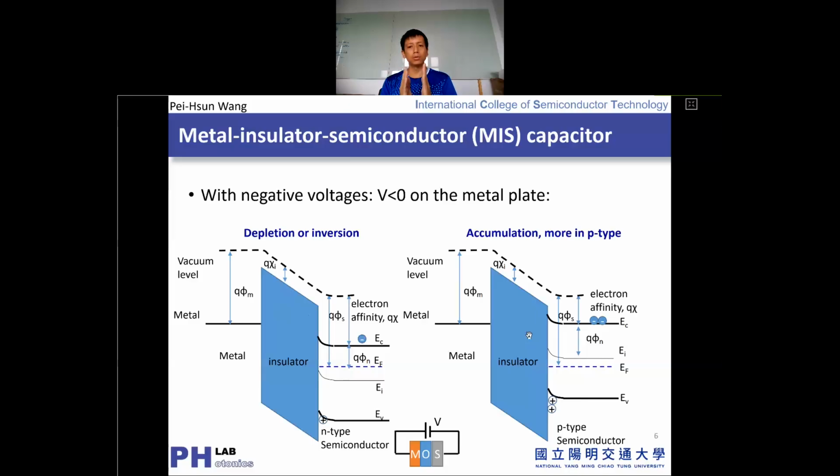So even without changing the capacity between the metal and the semiconductor, without changing the material of the insulator, without changing the distance or the width of this capacitance, we can get a different capacitance by applying the positive or negative charge, and also using the p-type and n-type system.